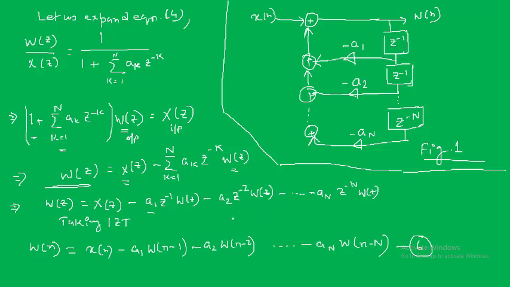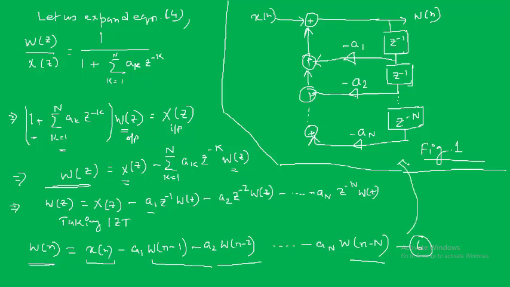Now if we take the inverse z transform, w of n is a function of the present input x of n and the past values of the intermediate function, that is w of n minus 1, w of n minus 2, up to w of n minus n. Now we try to realize this equation 6.